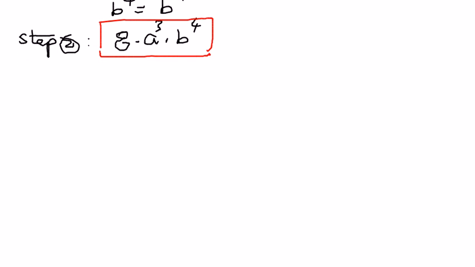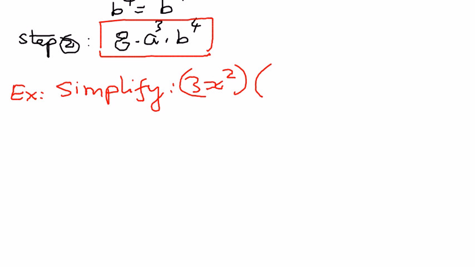Let's say this time we have an example of this kind and we want to simplify 3x to the power of 2 times negative 5x to the power of 3, like that.